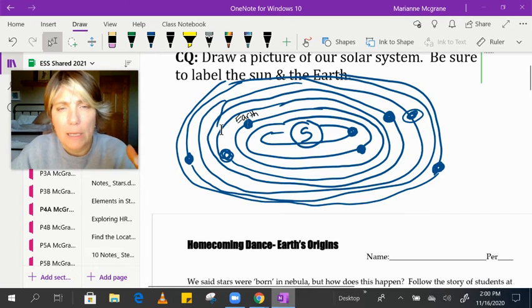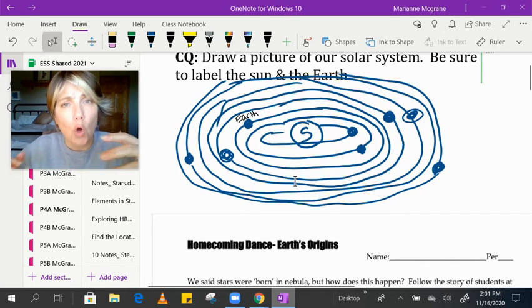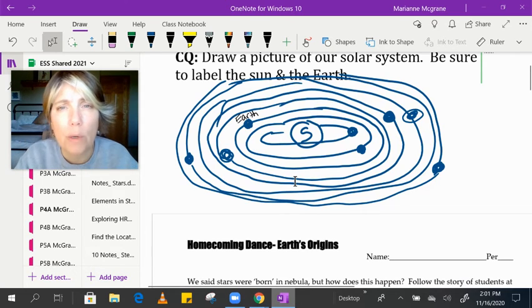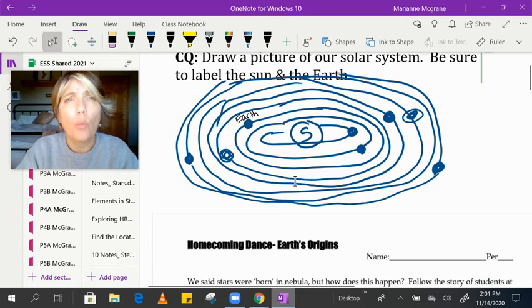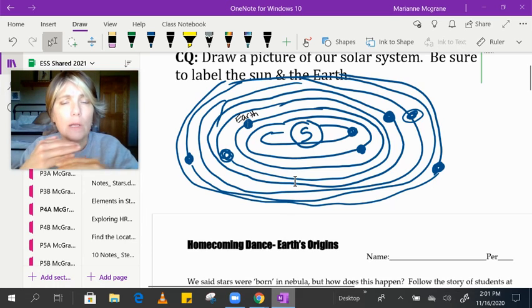So the planets are created, and remember, our solar system is 4.6 billion years old. So we had lots of different planets that were in different orbital paths. Some of them crossed the same orbital paths, and those planets would have smashed into each other over the last 4.6 billion years, so that what we're left with now are just the planets that aren't crossing paths with each other.